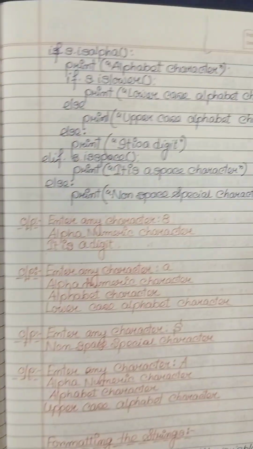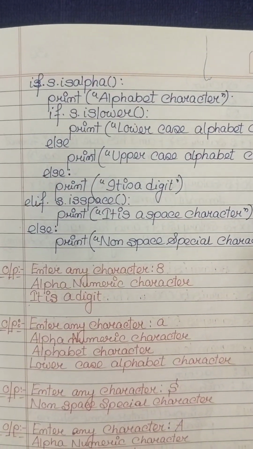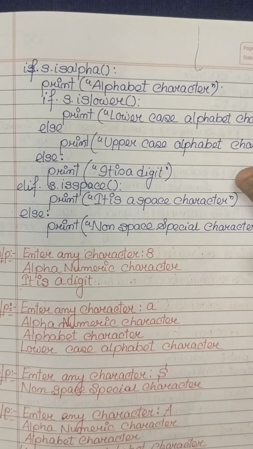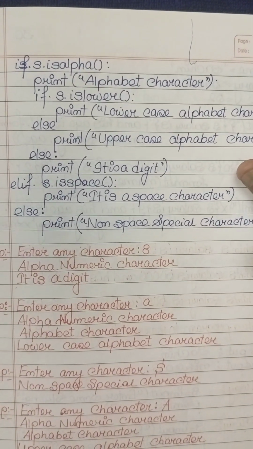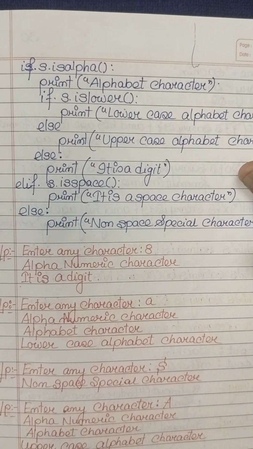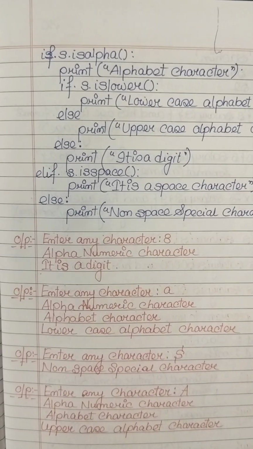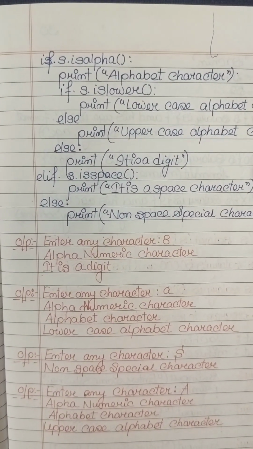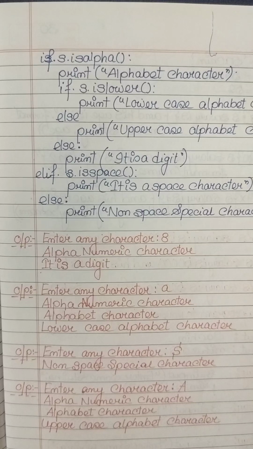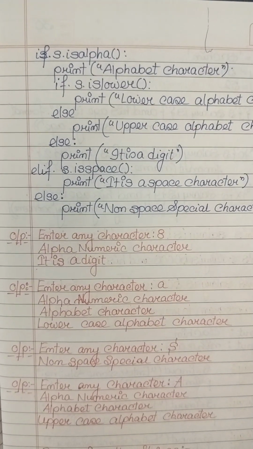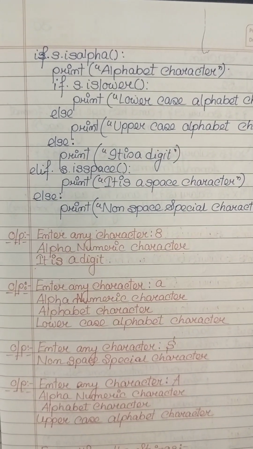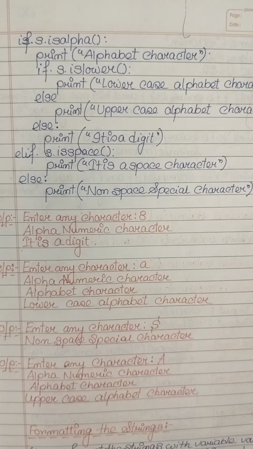Then if s.isalpha, print alphabet character. If s.islower, print lowercase alphabet character. Else print uppercase alphabet character.